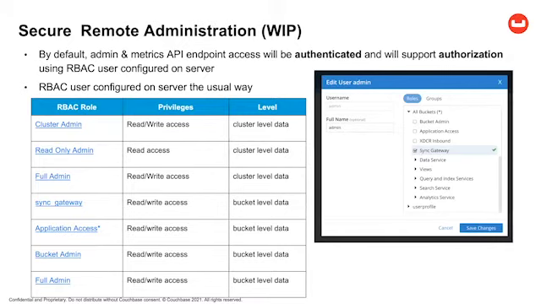It's done the usual way you configure other RBAC users on Couchbase Server. The table here lists the RBAC roles and the privileges. There are certain cluster level roles for enforcing cluster level access, like fetching Sync Gateway configuration and running SG-collect info for collecting support logs and such.